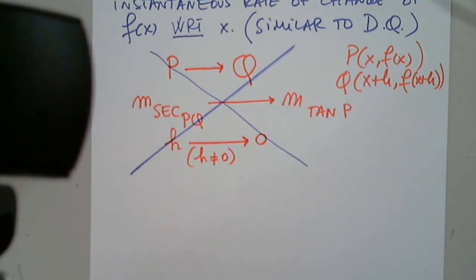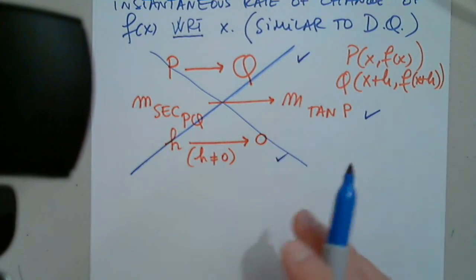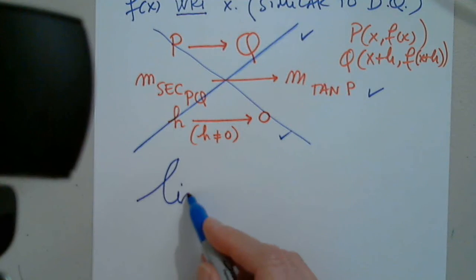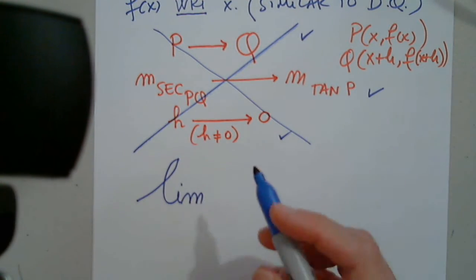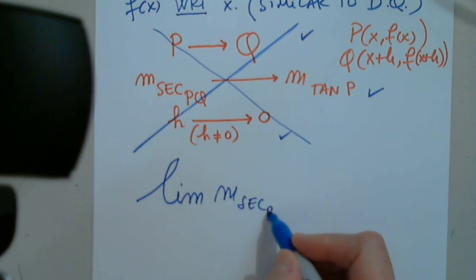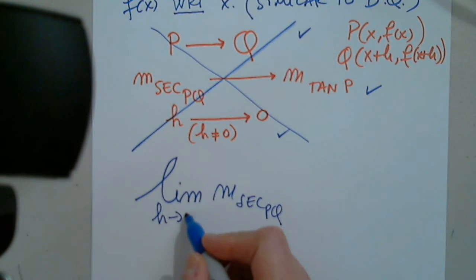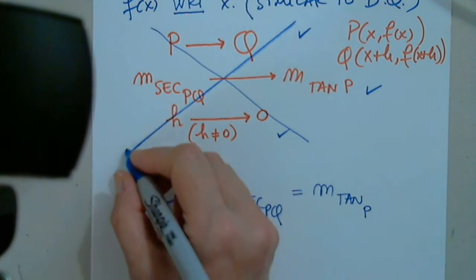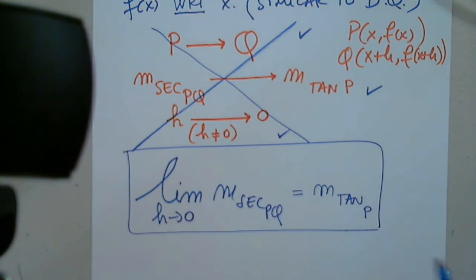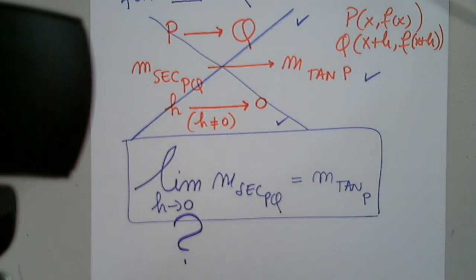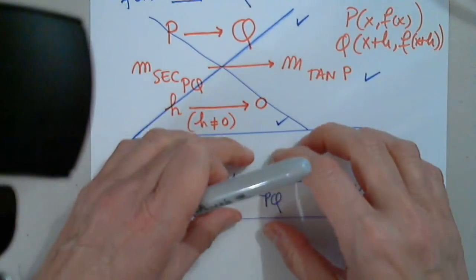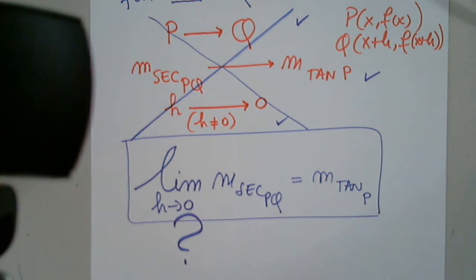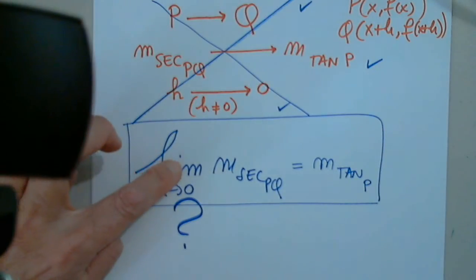Everything is correct, but we write this: the limit of the slope of the secant line PQ as h approaches 0 equals the slope of the tangent line at P. This is condensed, everything I said here, in mathematical terms. Let's talk about this.